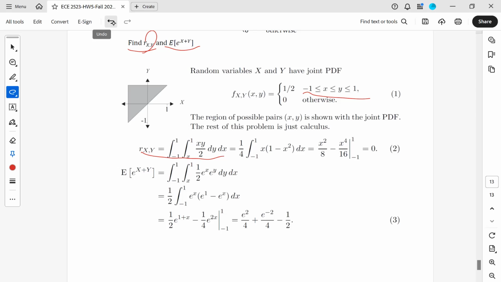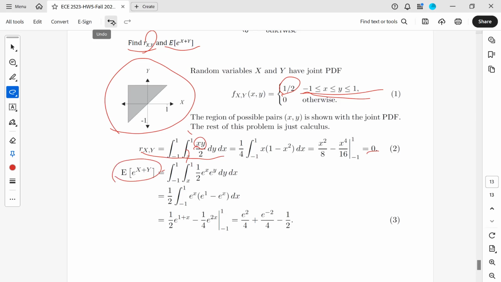I really encourage you to draw the values for the lower limit and upper limit, so you don't get confused over the upper limit and lower limit of the integral. And based on that, R of x and y is the expected value of xy, the integral of xy times f of xy. You do the double integral over the upper limit and lower limit based on the range, and you have the value.